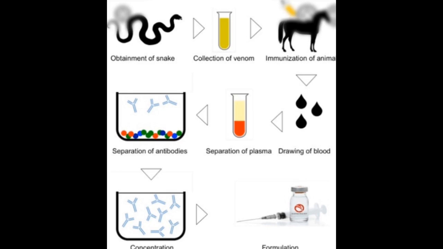After the animal gets immunized, we take the blood of that animal and separate it. When separation is done, the blood clots and the serum gets separated. We take the serum, in which we need to separate the antibodies, the Y-shaped ones you can see there.